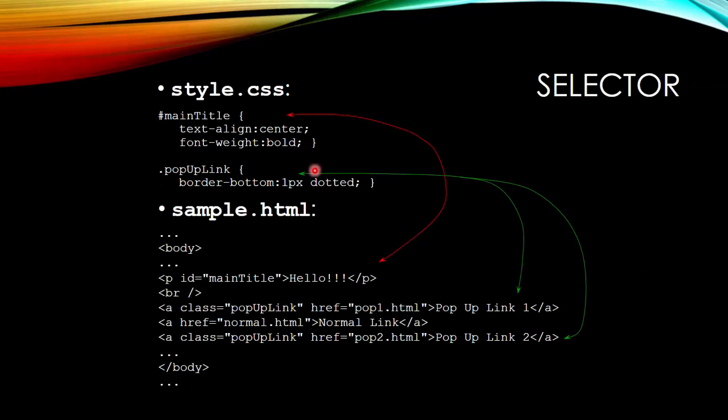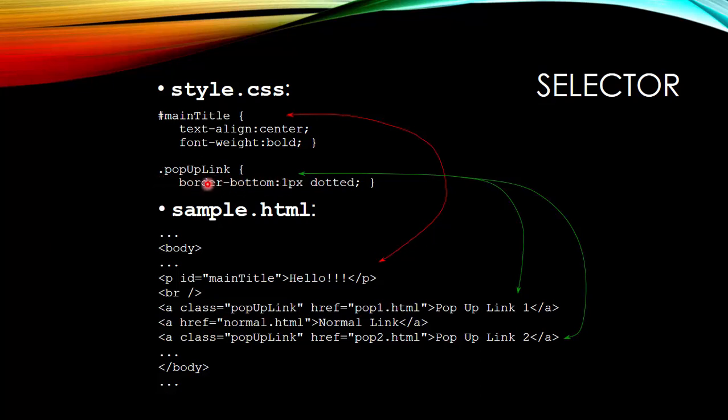Example, let's say we have this sample.html and it links its style to style.css, which is a separate file. We have a paragraph in the HTML with ID main title and two links, this link and this link, that we assign to class pop-up link. So to define how pop-up link should look with CSS, we need to define pop-up link class denoted by a dot here in the CSS file like this.